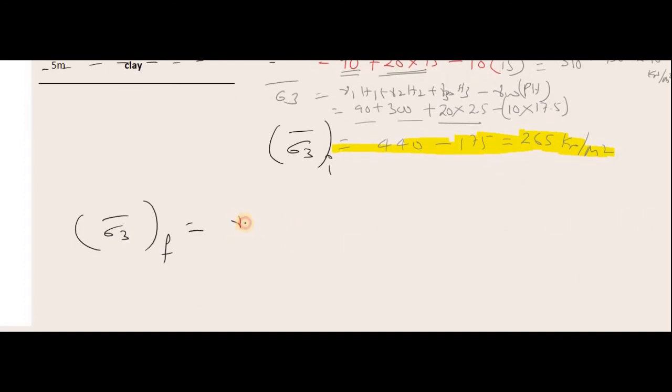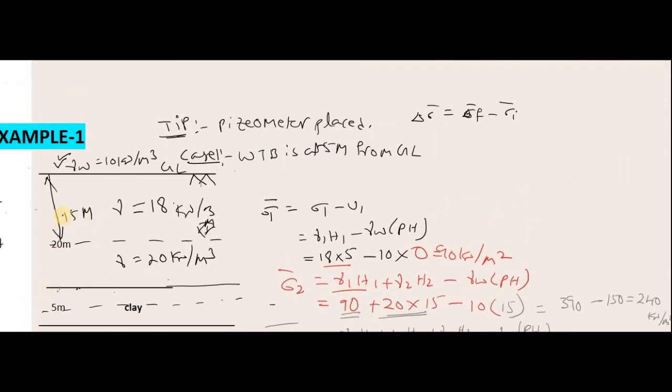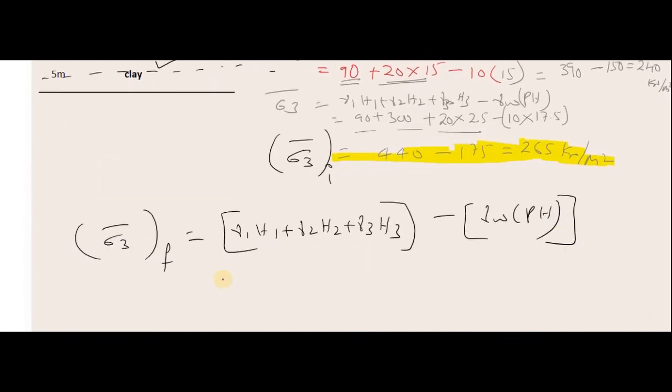So gamma 1 H1 plus gamma 2 H2 plus gamma 3 H3 is the total stress, minus pore water pressure, gamma W into pressure head. Don't forget the tip. Gamma 1 is 18, H1 is 15, gamma 2 is 20, H2 is 5, gamma 3 is 20, H3 is 2.5. So 18 into 15 plus 20 into 5 plus 20 into 2.5.